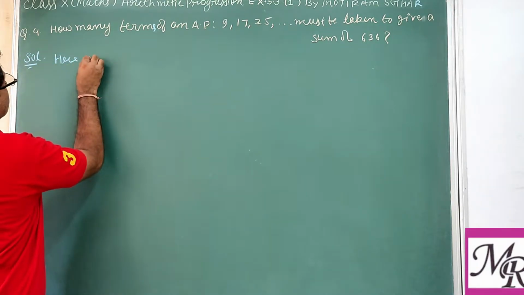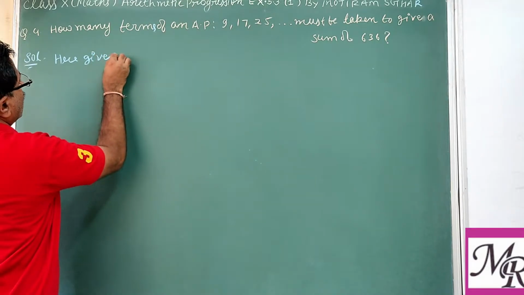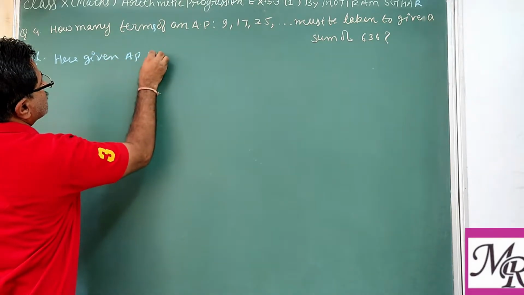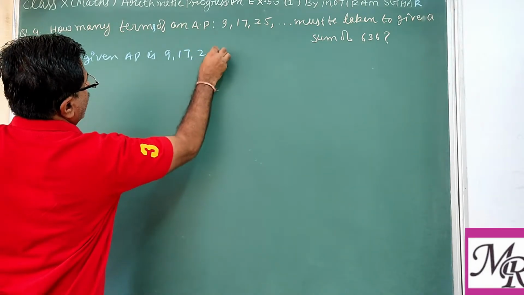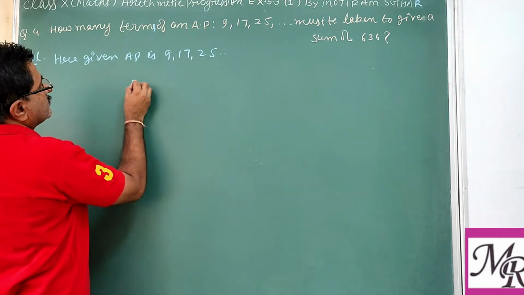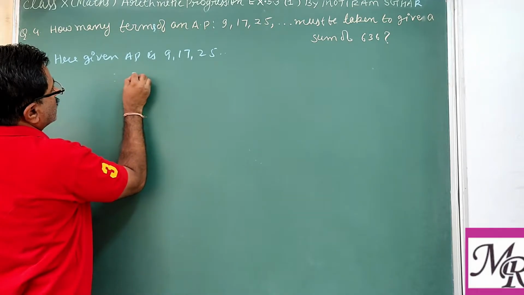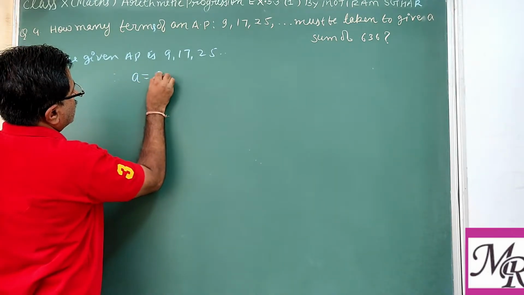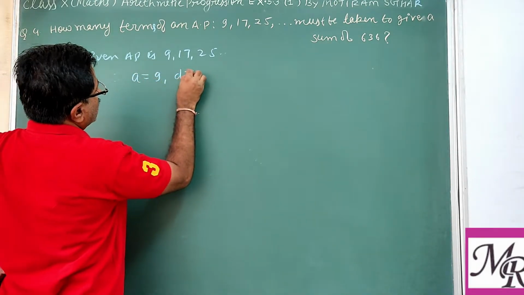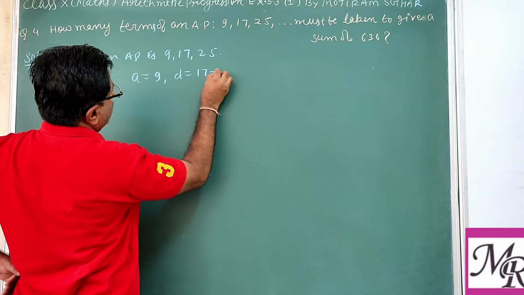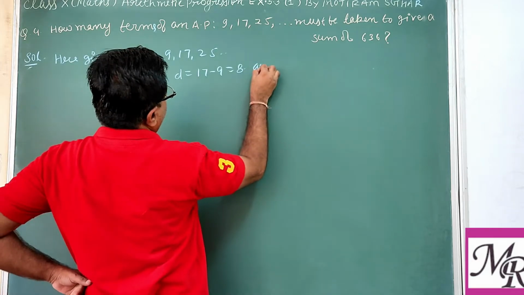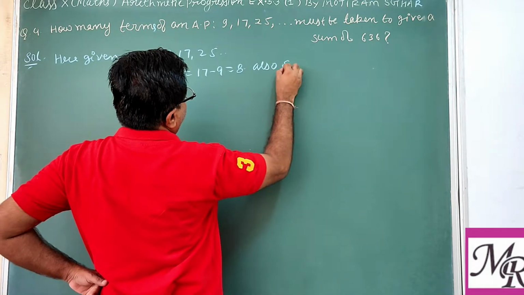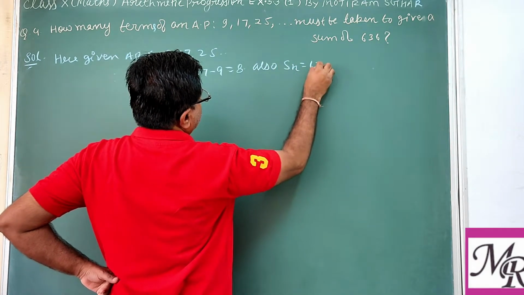Here the given AP is 9, 17, 25. Therefore, the first term of the AP is 9 and the common difference is the second term minus 9, that is 8. Also we are given Sn.